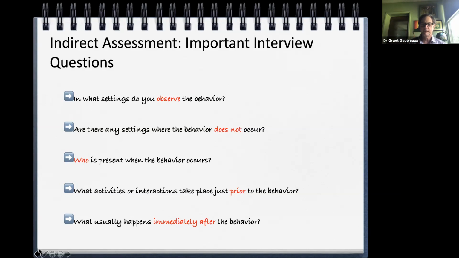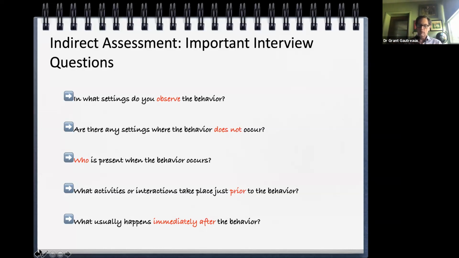Although the Vineland does provide a score, and it allows you to determine if things are getting better according to the opinion of the stakeholder. But I think there's still some valuable information, even though that sounds, I think, a little suspect. We can extract and glean some valuable information from that.